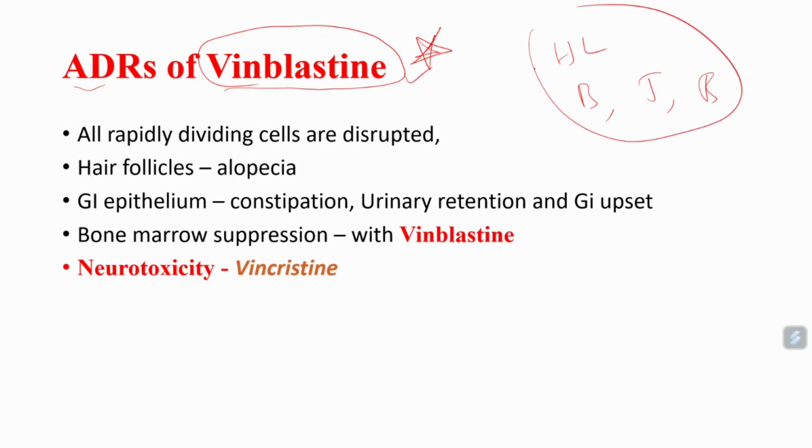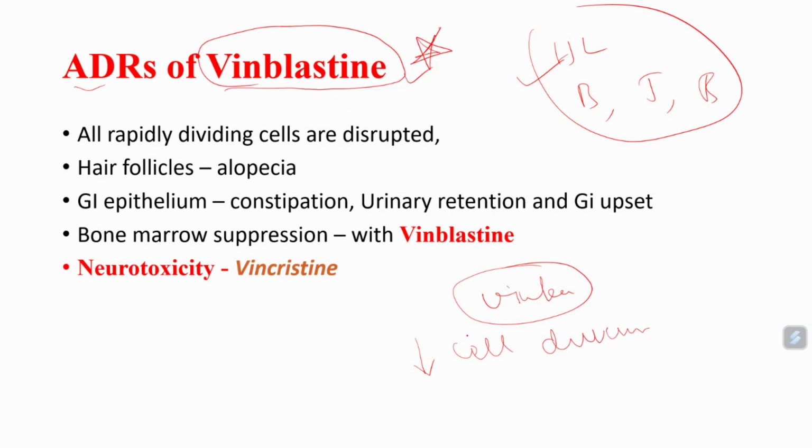When vinblastine is used in these many types of cancers, it may have certain adverse effects. First important point, as I told you in the mechanism, always remember Vinca alkaloids are stopping cell division.